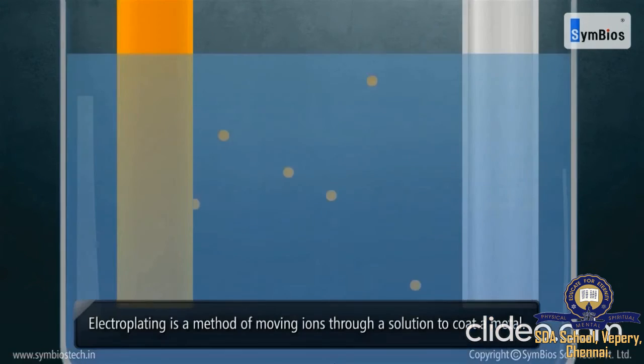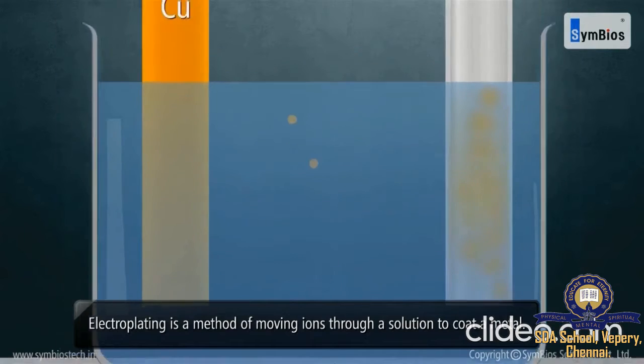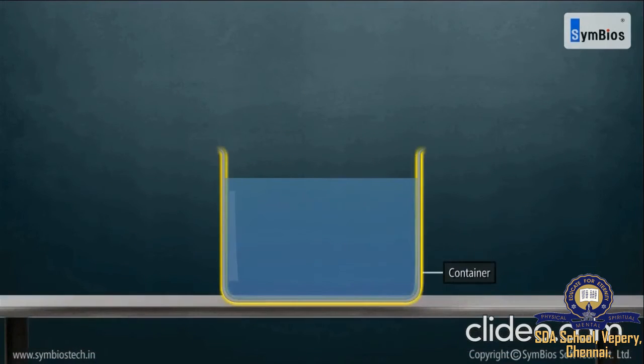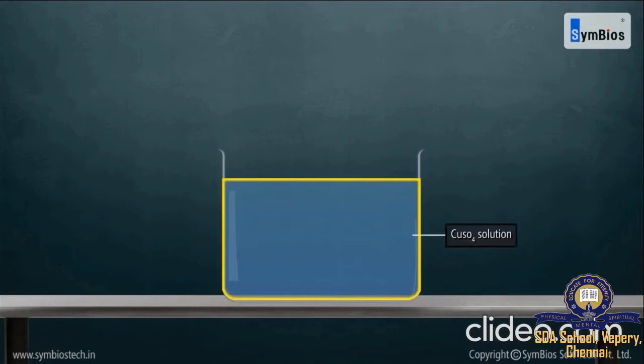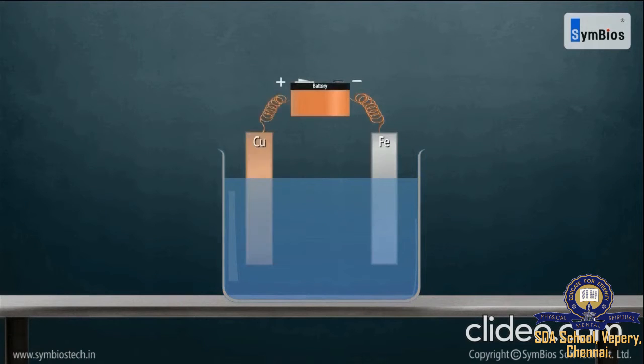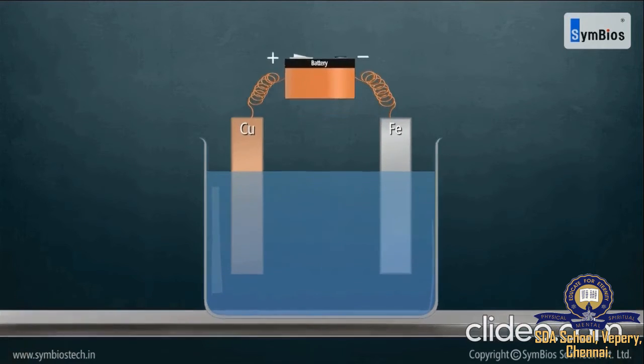Electroplating. Electroplating is a method of moving ions through a solution to coat a metal. The metal to be coated is the cathode, and the depositing metal is the anode. Take a glass container and fill it with copper sulfate solution. Connect the metal to be coated to the negative end of the power source, and the metal from which the coating is to be done to the positive side of the source.